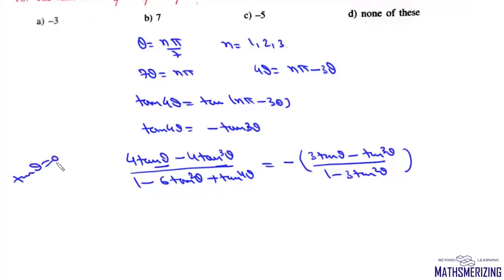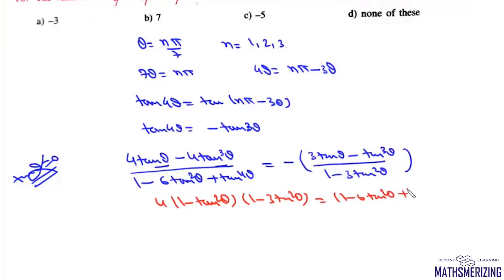We'll get tan theta is 0, but then tan theta cannot take the value 0. So we can write this as 4 into 1 minus tan square theta into 1 minus 3 tan square theta, and it'll be equal to 1 minus 6 tan square theta plus tan to the power 4 theta into tan square theta minus 3.